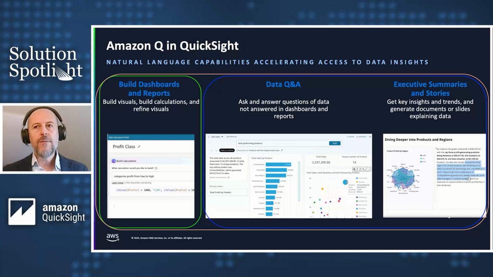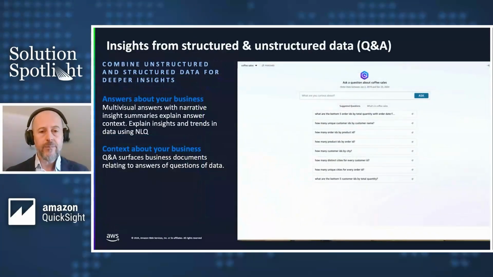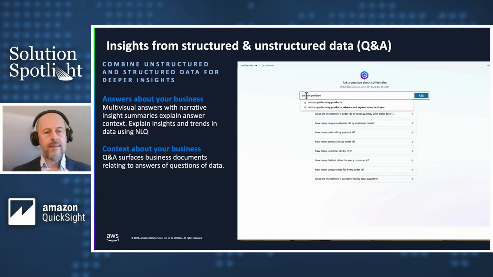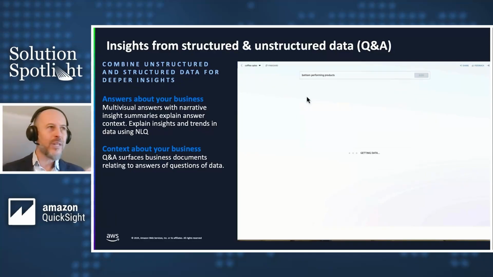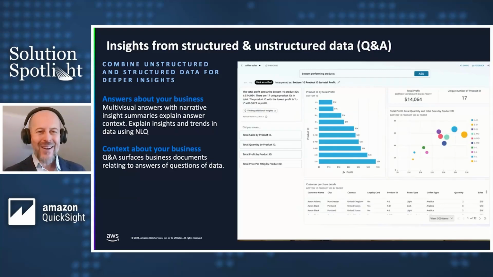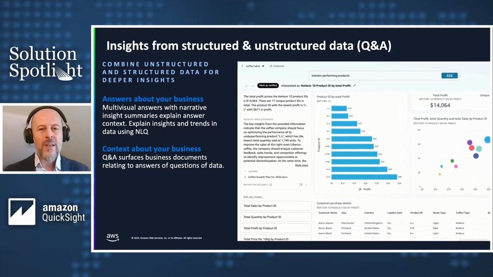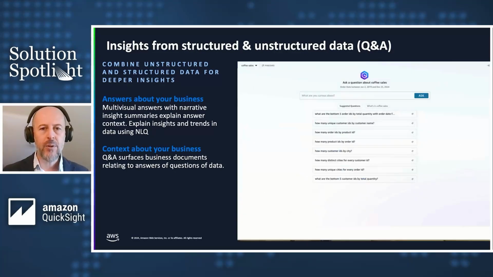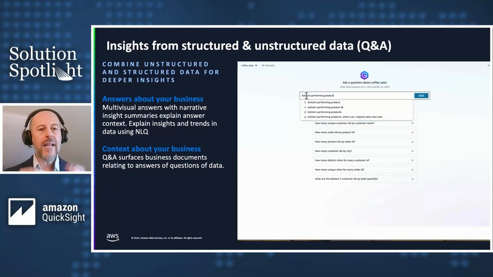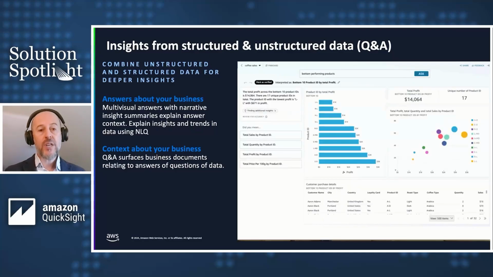But I was talking before about integrating structured data with unstructured data. So in the next slide, we can see how using Q&A, we are now able in QuickSight to get the traditional answer. I would say traditional, and this has been around for 3 years. So when we ask a question like the bottom performing products, we will get the answer to that question using structured data.